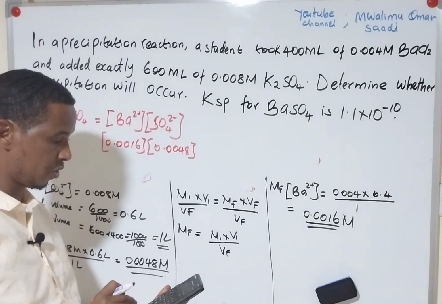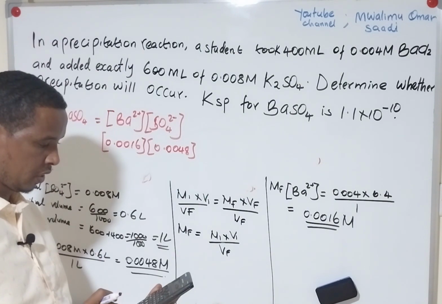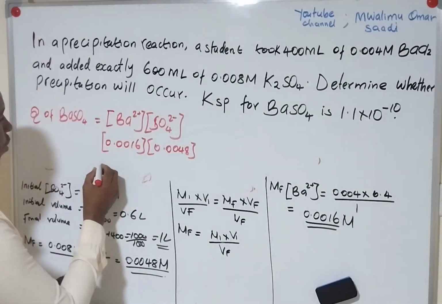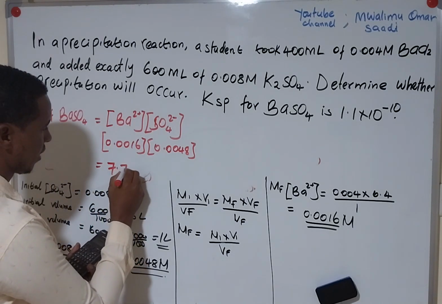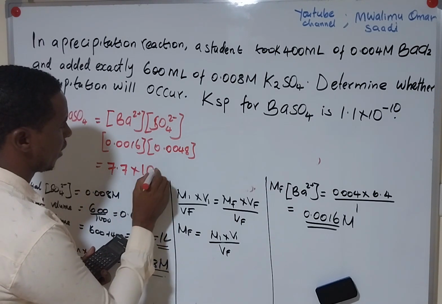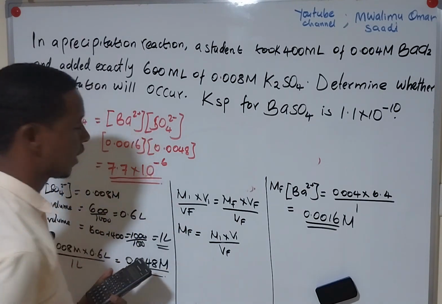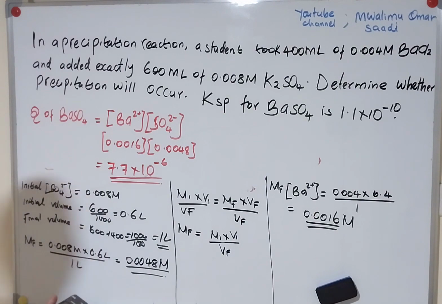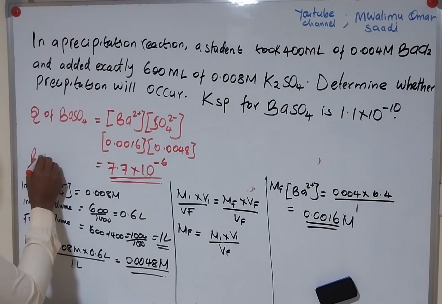So that is equal to 7.7 times 10 power negative 6. So that is the ionic product of barium sulfate.